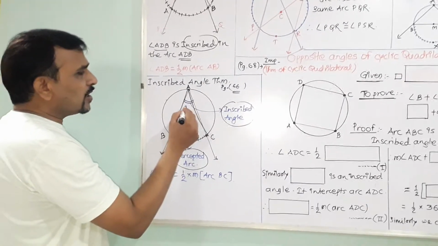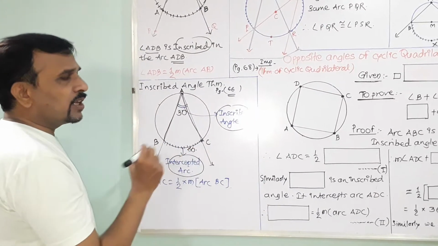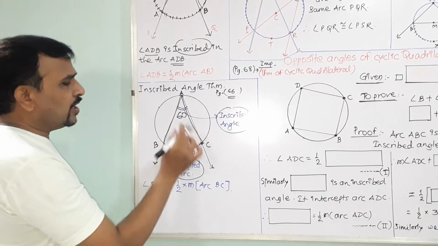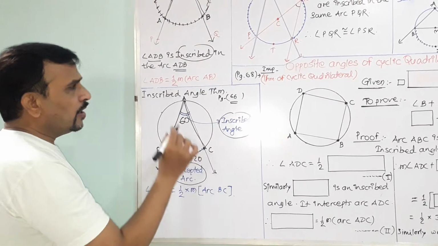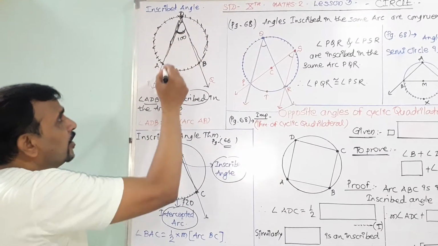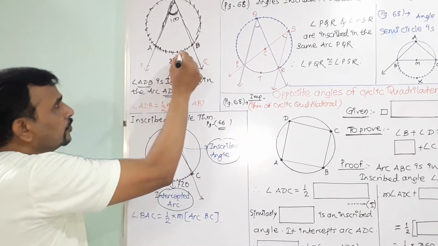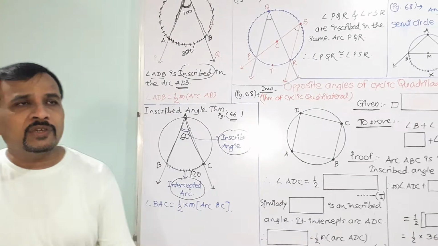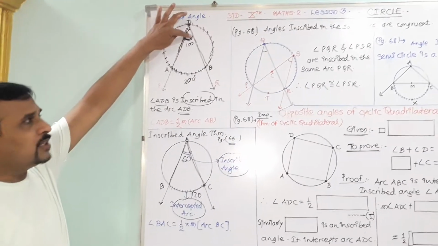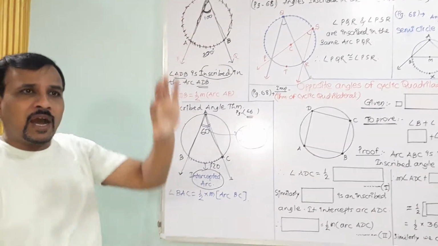If this angle is 30 degrees, the arc should be 60 degrees. If this angle is 60 degrees, the arc should be 120 degrees. If this angle is 100 degrees, the arc should be 200 degrees. This means the measure of this inscribed angle is half of the intercepted arc.